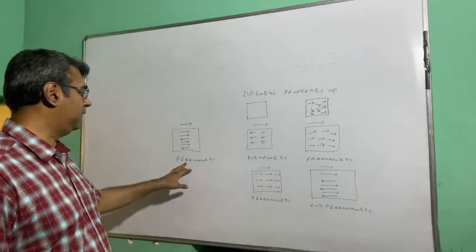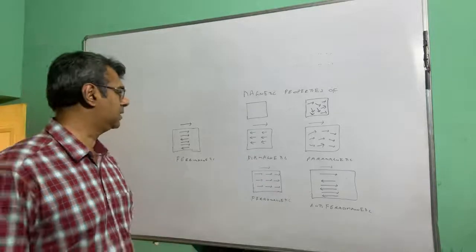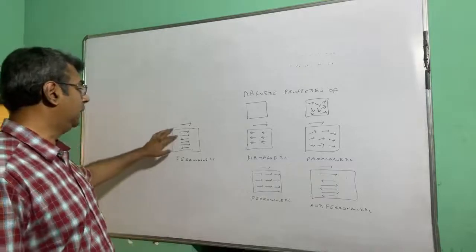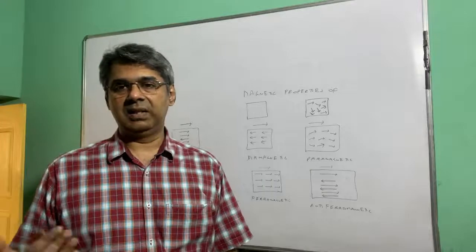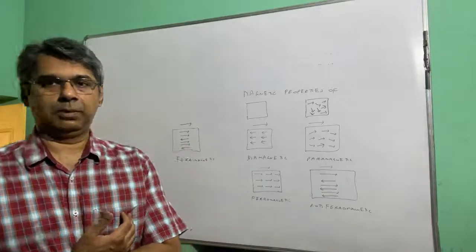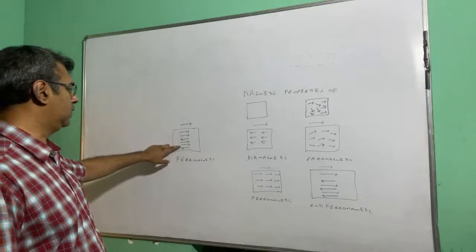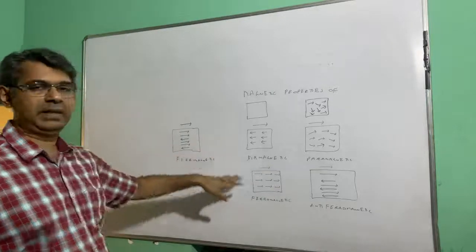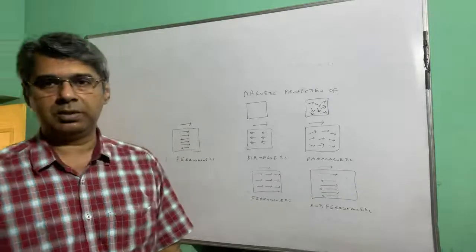And what about ferrimagnetic substances? There will be more dipoles supporting the field and fewer dipoles not supporting the field. You can see that there are four dipoles pointing in the same direction as the field, but only two dipoles pointing opposite to the field.